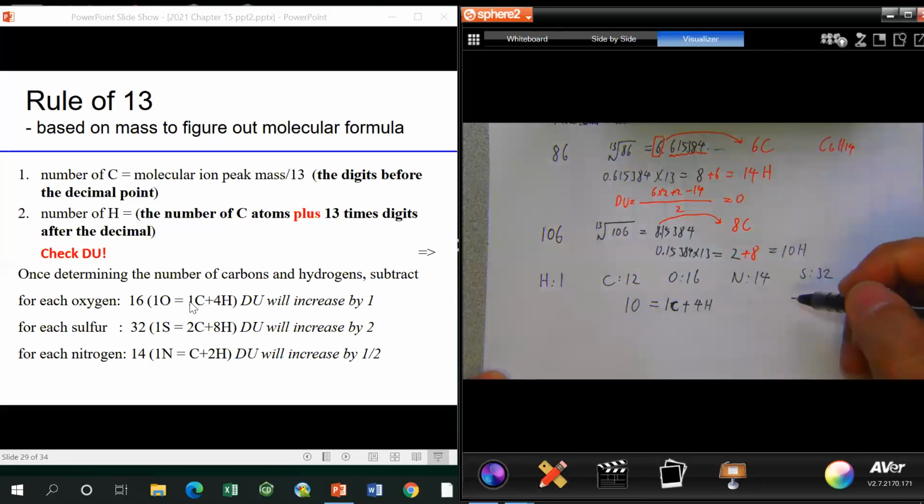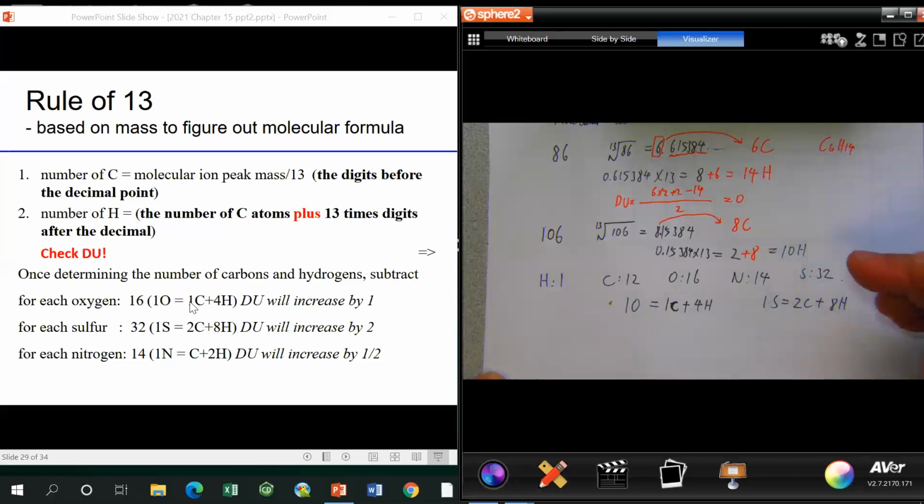If there's sulfur in the molecule, you replace it with 2 carbon plus 8 hydrogen, because the sulfur mass is 32.